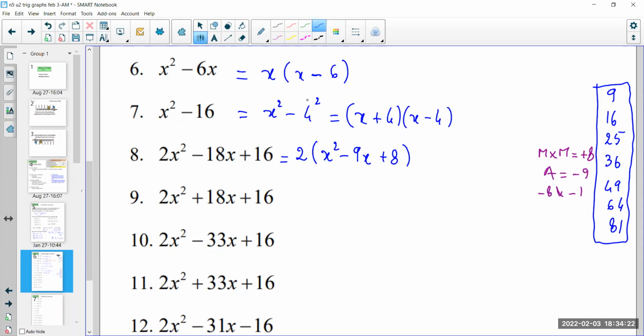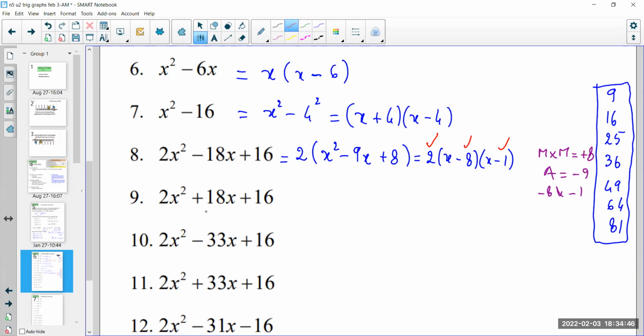So you just replace all this with 2 times x minus 8 times x minus 1. And this, guys, was 3 marks. 1 to spot that you've got even numbers, 1 to spot that you found the 8, and another one, the 1.